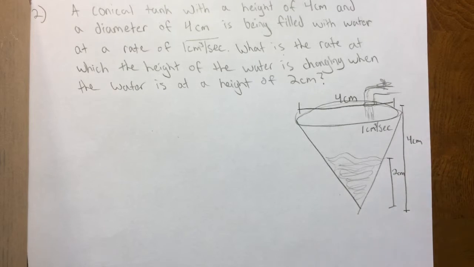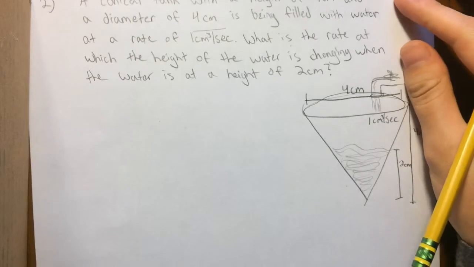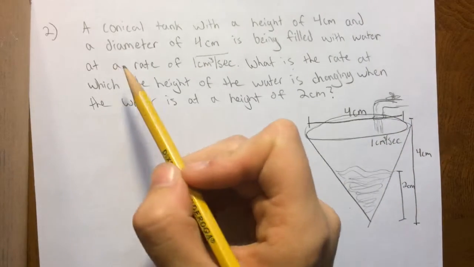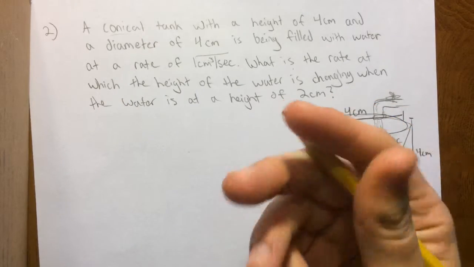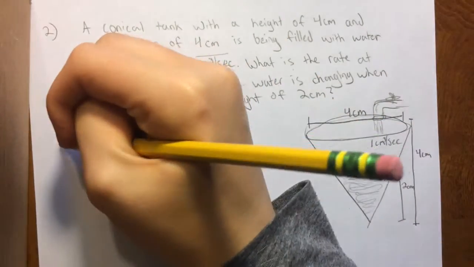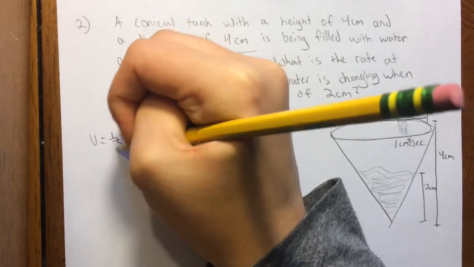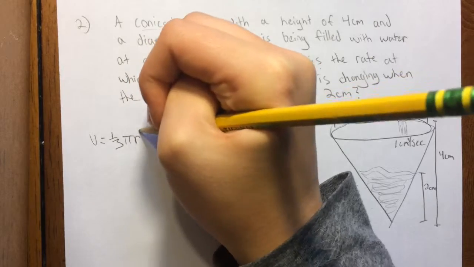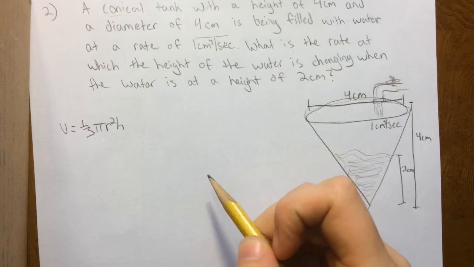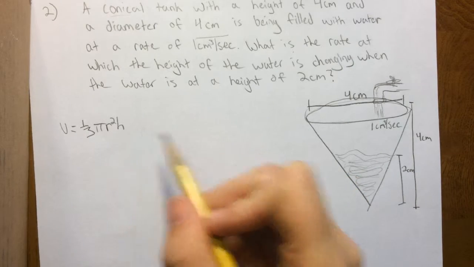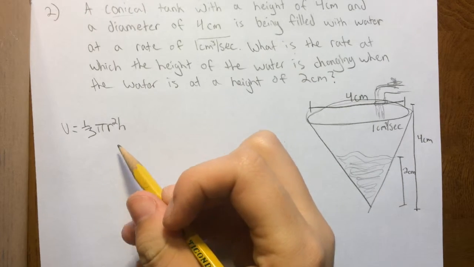Now we need to think of an equation that relates the variables we have. When we see conical tank, we automatically go to the volume of a cone equation, which is V equals 1/3 pi r squared h. We have h, which is 2 centimeters, but we don't have r.